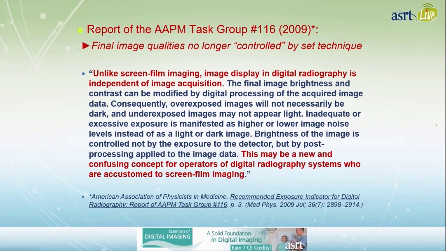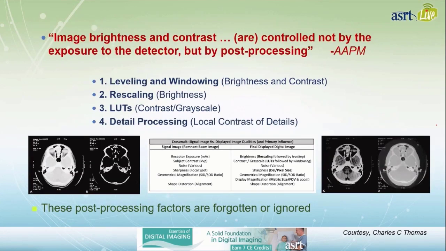The final brightness and contrast are modified by digital processing. And then you drop down a ways and it says the brightness of the image is controlled not by the exposure to the detector, but by post-processing applied to the image data. This may be a new and confusing concept for operators of digital radiography systems who are accustomed to screen film imaging. So the brightness and the contrast are controlled not by the exposure to the detector, but by the post-processing.